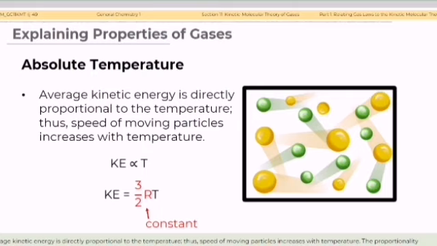Thus, the speed of moving particles increases with temperature. The proportionality constant is equal to 3/2 times the gas constant, R. The derivation of the equation relating average kinetic energy and absolute temperature is discussed in advanced chemistry courses.